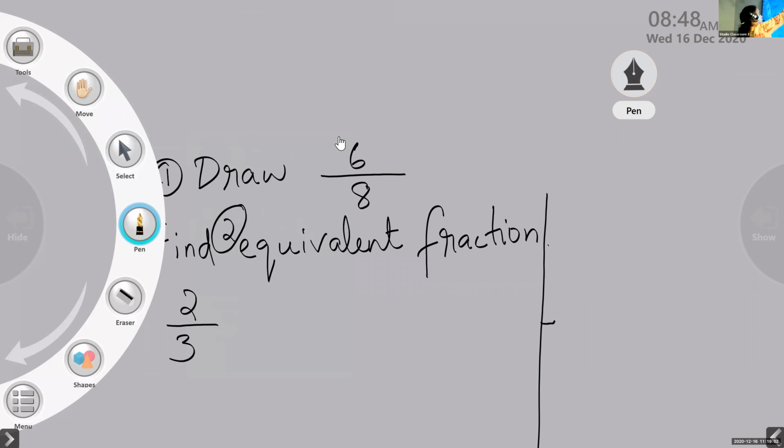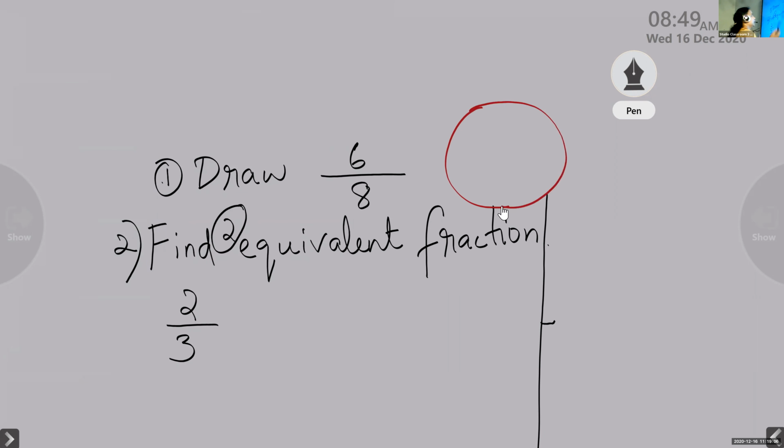So here, if I am drawing in the circle, 6 parts. Children, you can check the answer. You have to draw equal parts. How many equal parts should there be? 8. 1, 2, 3, 4, 5, 6.